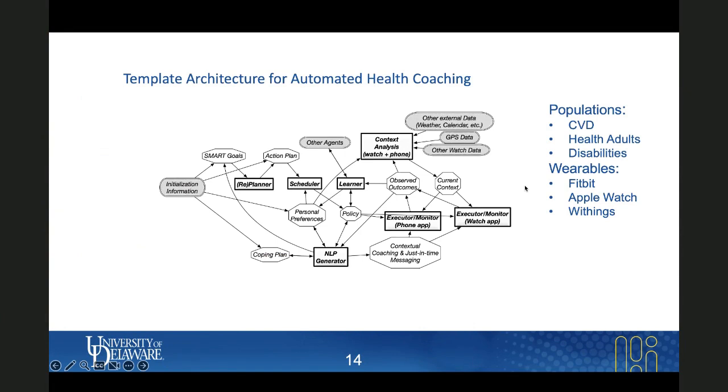One is cardiovascular, which is BSmart, and we are also exploring just-in-time adaptive interventions on healthy adults. We are working with disability populations with systems made from the same template architecture. The wearables we use are Fitbit and Apple Watch, but you can literally use any wearable that you want for the study.